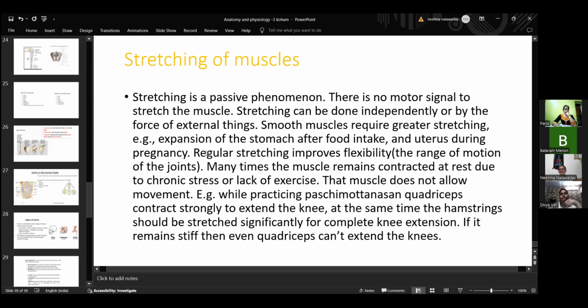If the stomach is upset, or sometimes gas because of flatulence, that spasmodic contraction of smooth muscles we experience, it's very painful. In menstrual cramps, that is also sudden contraction because of fatigue. This is the difference. There is a slight difference.